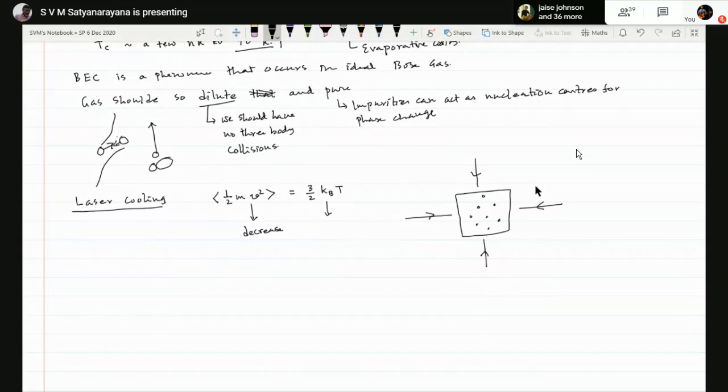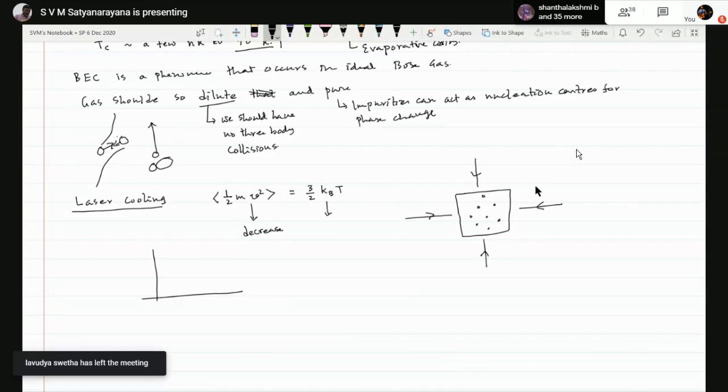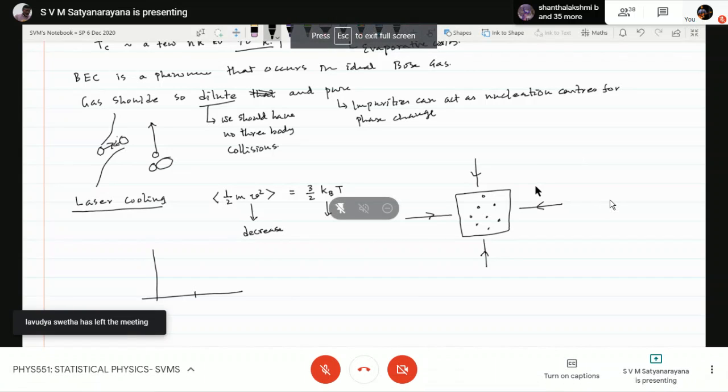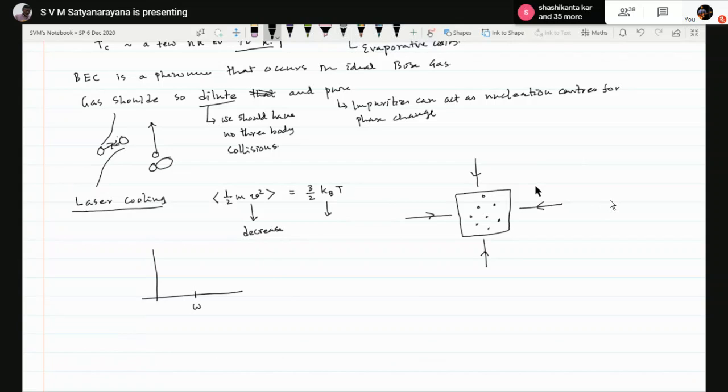Essentially, let's say that you have something like the number of particles versus frequency. I'm sure you might have seen this picture in some other context. Let's say this is your omega, and you have some kind of a spread.